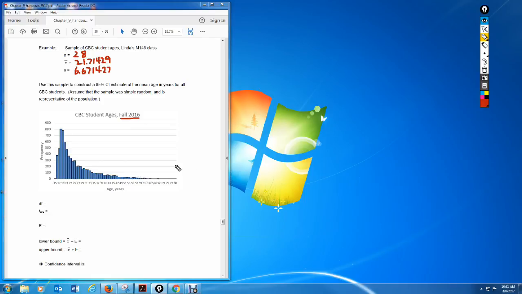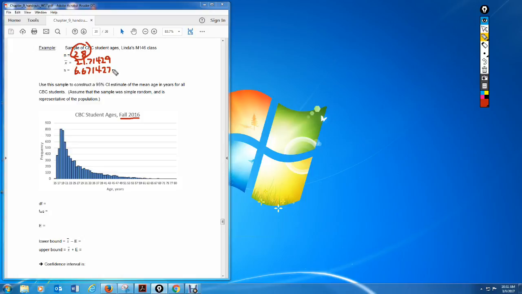Okay, so clearly you can see that this data is not normal. It is very right skewed, but it's okay for us to do this analysis because our sample size is 28. Technically, it's supposed to be more than 30, but it's really, really close.